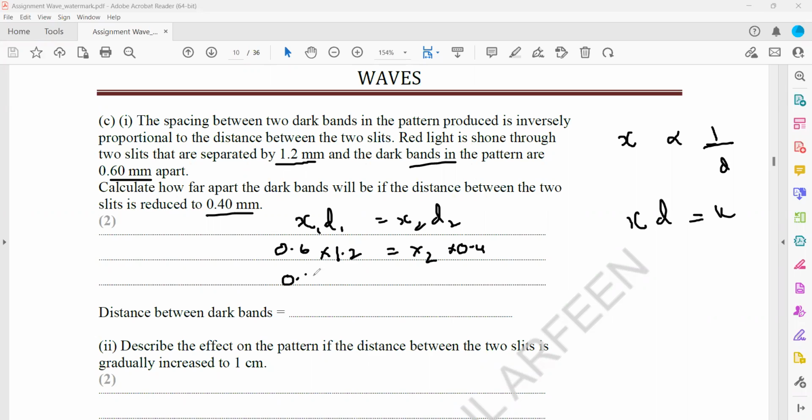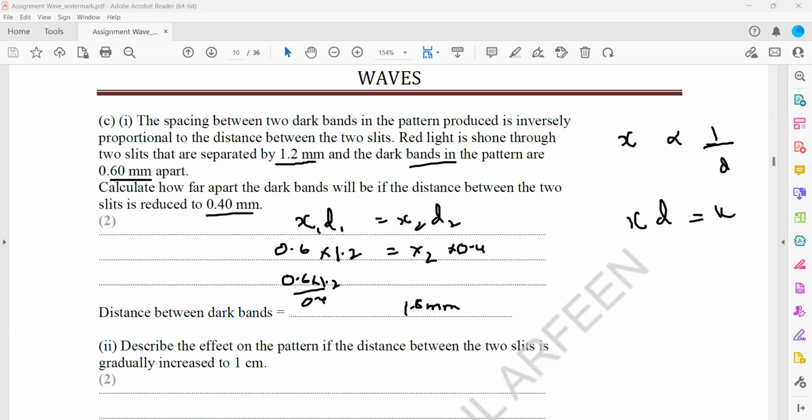It will be 0.6 times 1.2 divided by 0.4. So this will be 1.8 millimeter. As I did not convert the unit, it will be 1.8. So whenever two quantities are inversely proportional, the product between them is constant.